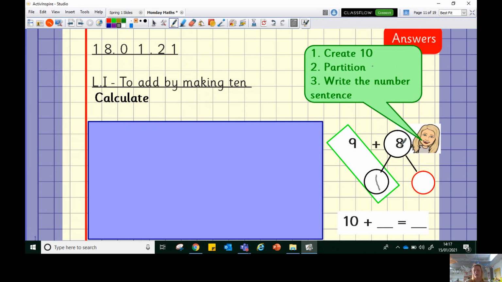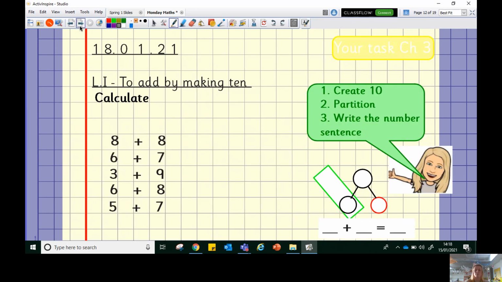If I've got 1 there and I partitioned 1 already, how many do I have left? That's right, that's 7. So I've got 10 plus 7 equals 17. Good job if you managed to do all of those steps. We're using our number bonds. We're making 10 to then help us count on and partition.